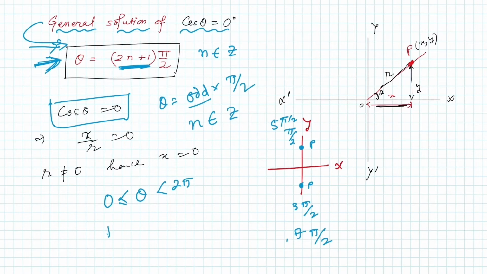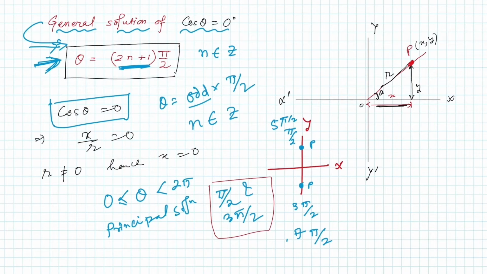So that's why the principal solution of cos theta equal to 0 may be pi by 2 and 3 pi by 2. These are the principal solutions. So that's how we can find the general and principal solution of cos theta equal to 0. Hope you have understood this.